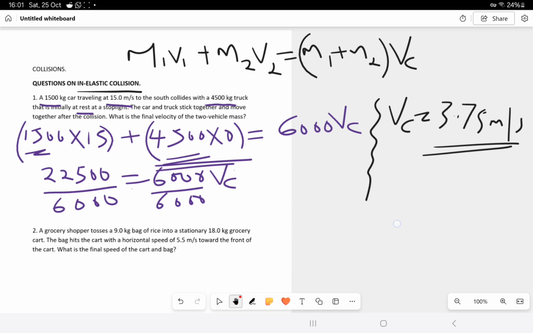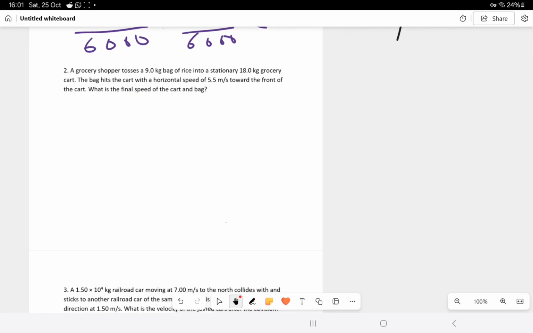As simple as that. Now the other part is given a grocery. So this is M1, a grocery shopkeeper tosses a 9.0 kg bag of rice into a stationary grocery cart.